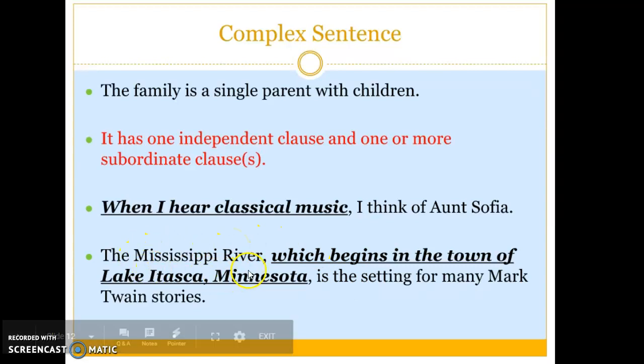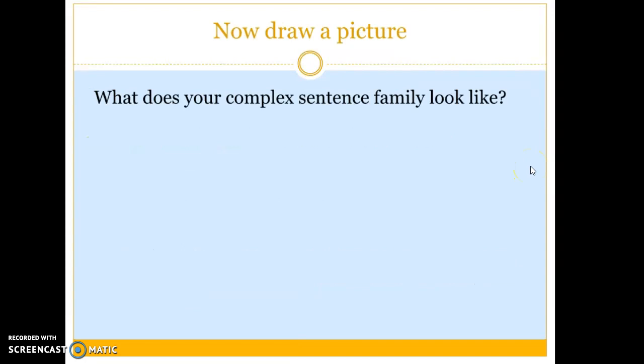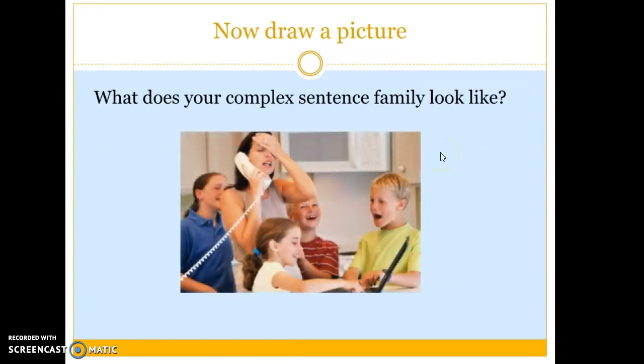The Missouri River is the setting for many Mark Twain stories. Remember, sometimes those subordinate clauses interrupt our adult sentences. So when you think of a complex sentence, I want you to think of what that family may look like. I chose a picture of a single mom who's going crazy with the kids going around, and that's fine, because remember, we could have more than one subordinate clause in a sentence.